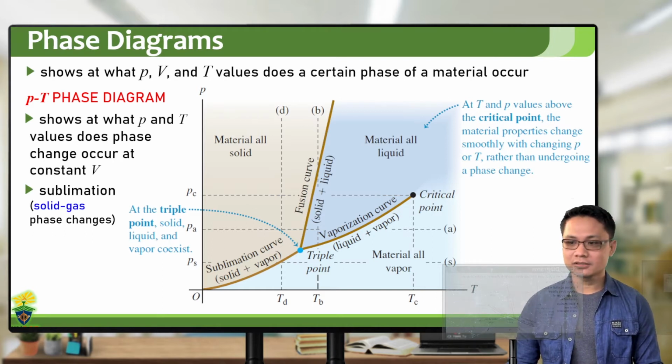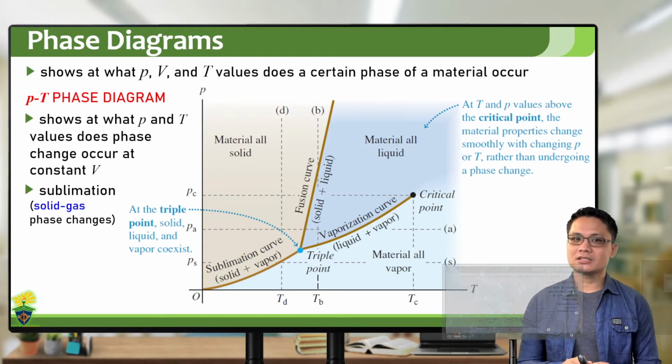On the horizontal axis, we have the axis for temperature, and for the vertical axis, we have the axis for pressure. And we identify different phases of matter here. Under this light brown area, the materials are said to be solid, and here in the bluish white area, it is said that the materials are all liquid, and below that, it is said that the materials are all vapor.